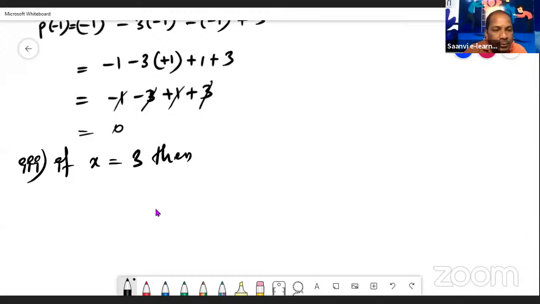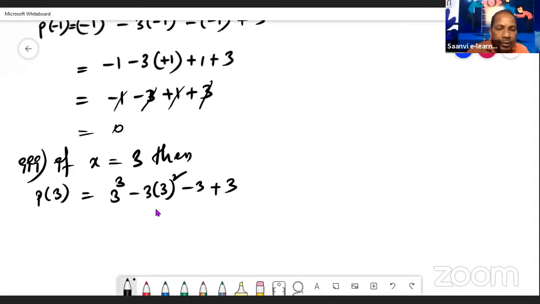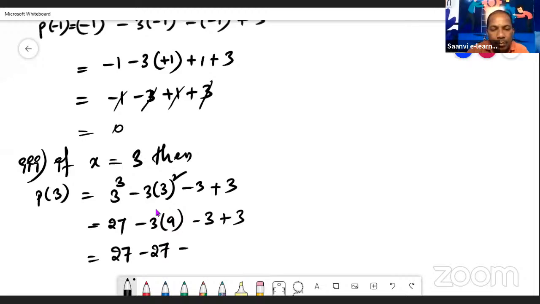So p of 3 is equal to x cube, which means 3 cube, minus 3x square, 3 into 3 square, minus x means minus 3, plus 3. Here 3 cube value: 3 3s are 9, 9 3s are 27, minus 3 into 3 square value which is 9, minus 3 plus 3. So 27 minus 3 nines are 27, minus 3 plus 3.